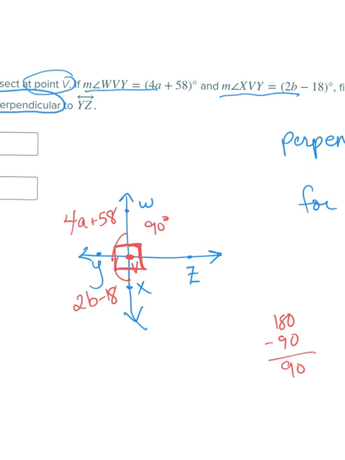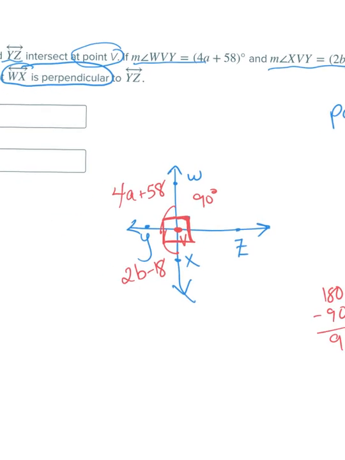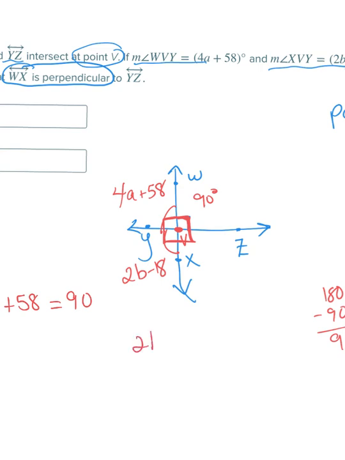So to solve for each angle, I'm going to do 4a plus 58 equals 90. And then I'm going to do 2b minus 18 equals 90. So here we have just a 2-step equation.